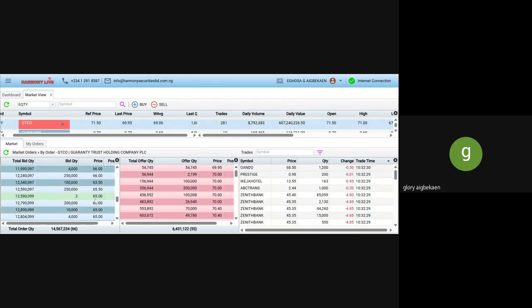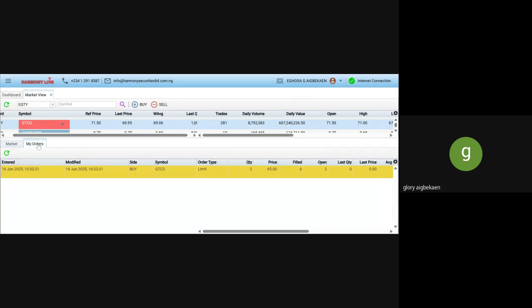You remember it's the 2 units we bid at 65 naira. If we cancel it now, it will no longer be here. So we can just go and cancel it and say we don't want the order. If we click here, it's cancelled.